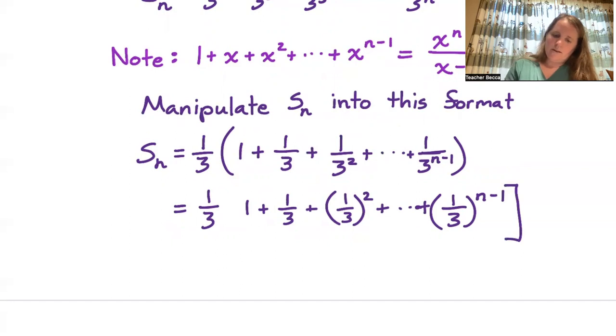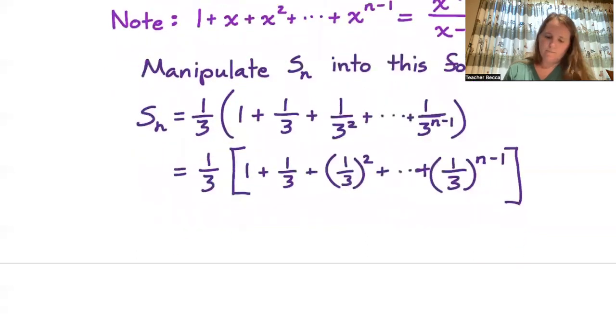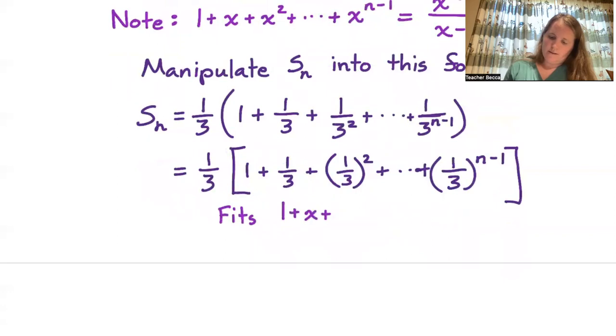So essentially here, x is our 1/3. We can use our formula from above. So it fits 1 plus x plus x squared plus all the way up to x to the n minus 1 with x equaling 1/3.